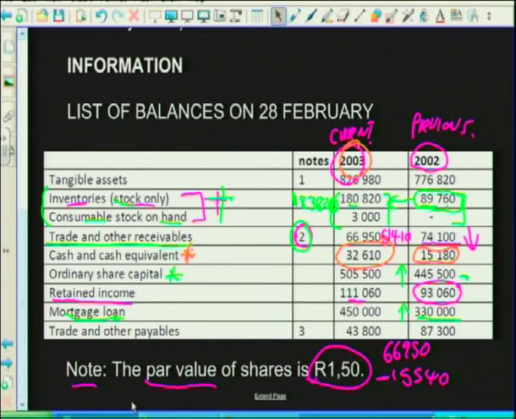We've got shareholders' equity. What is shareholders' equity made up of? So for 2003, shareholders' equity will be made up of ordinary share capital, there we go, as well as retained income for this exercise. So these are the two amounts that make up shareholders' equity. So let's calculate our amounts.